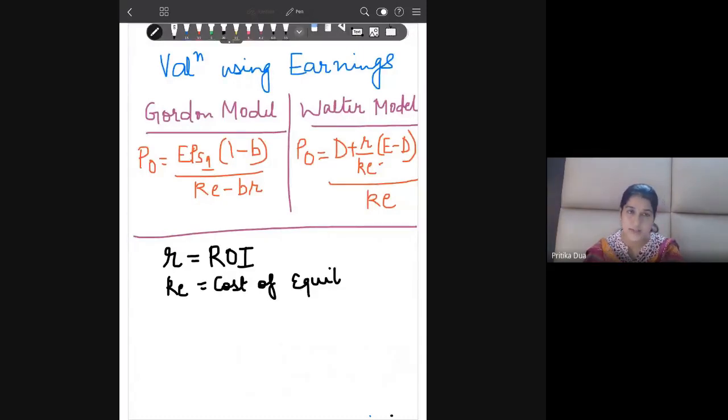EPS 1, you understand, is the earning per share at the end of year 1. B was the retention ratio.